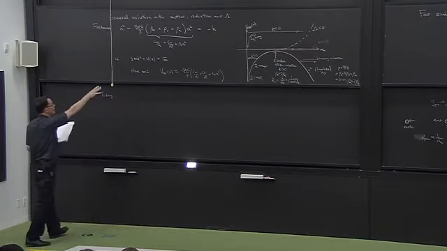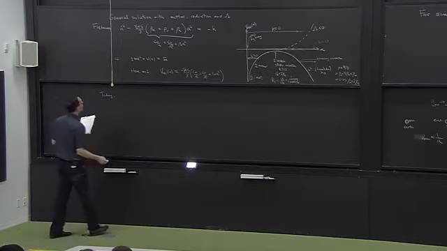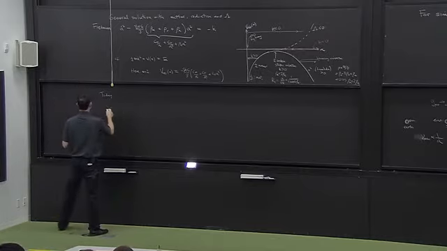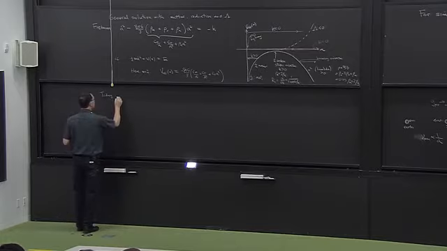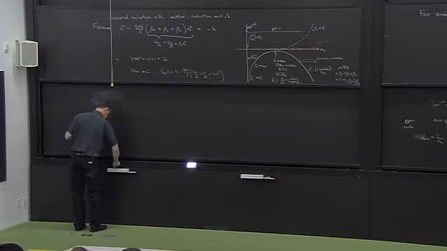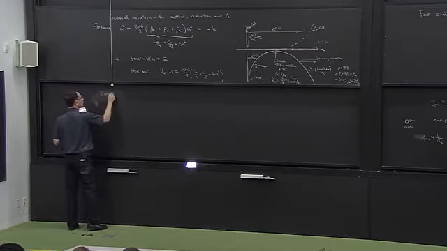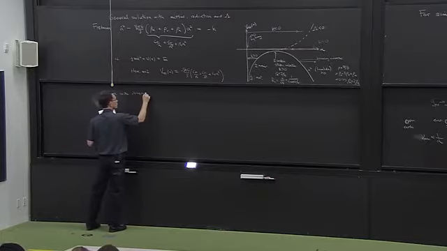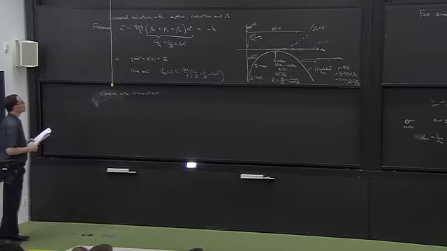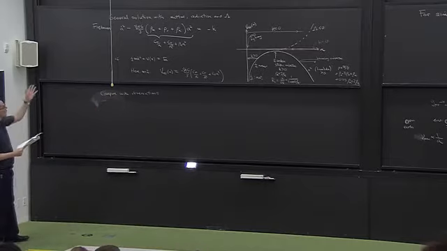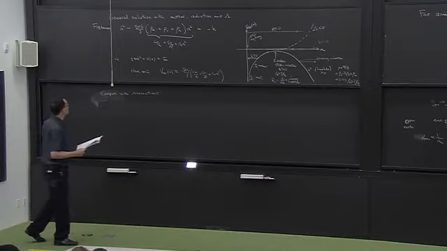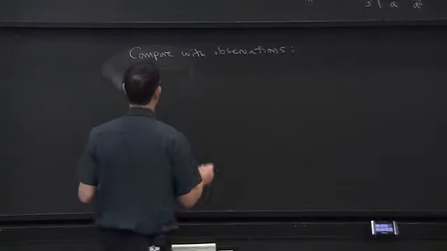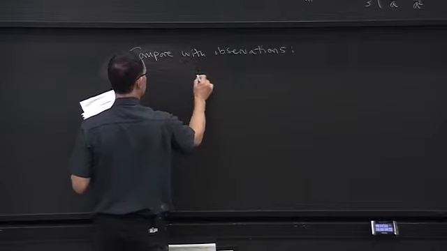So if we want to compare this equation with observations today, let's compare with observations. To compare with observations, I want to rephrase the equation in terms of quantities which can actually be measured. And we just divide by a squared.